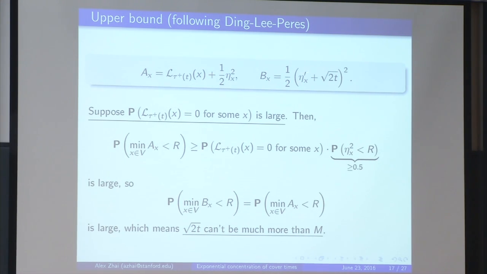That means eta prime x has to be close to negative root 2t. And as we said before, if root 2t is a lot bigger than m, then there's no way these things can get low enough to make that happen. So, okay, this is filling in some details.